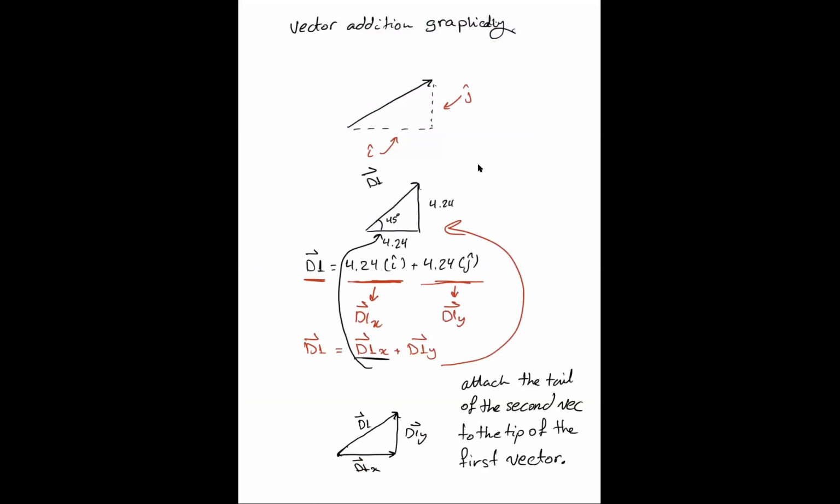In this case, the first vector was D1, and the second vector was D1y.